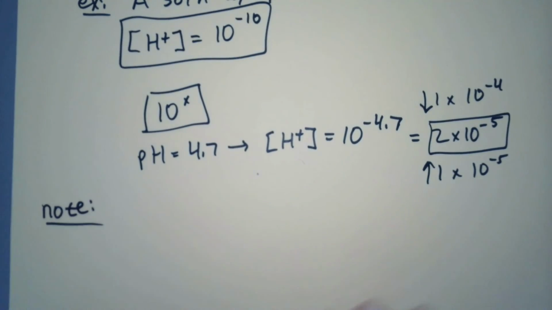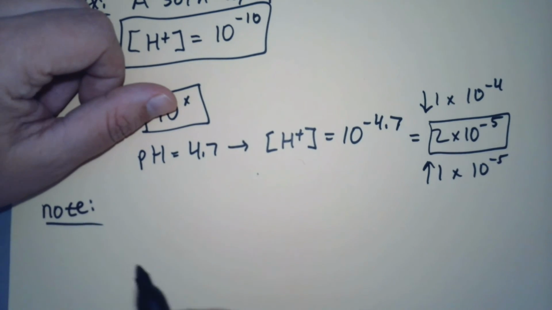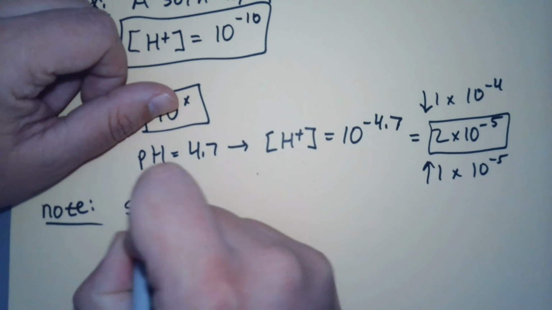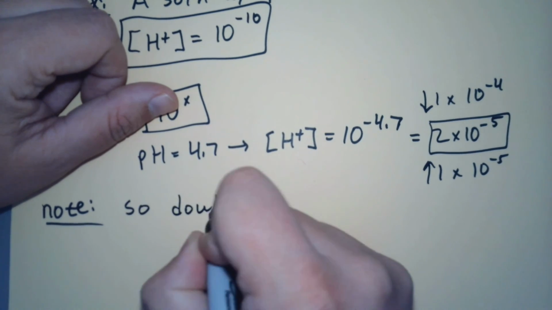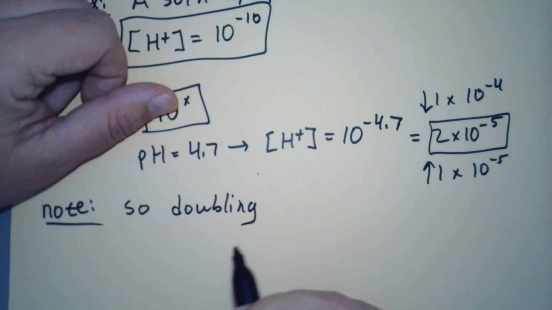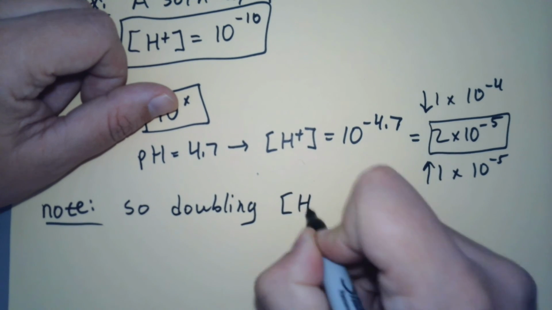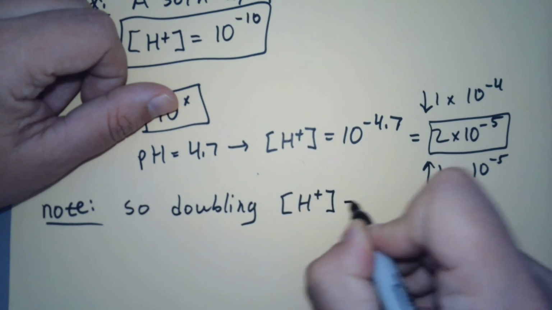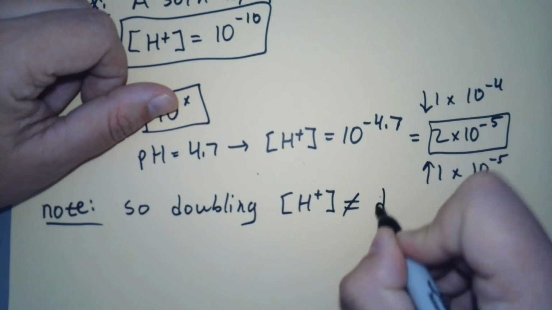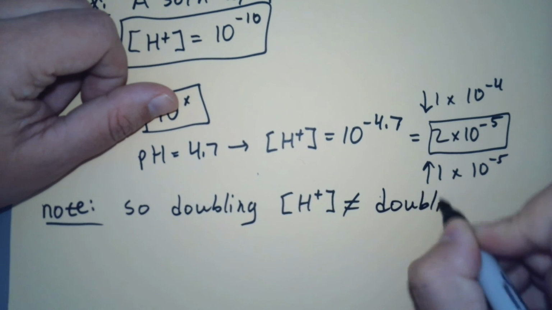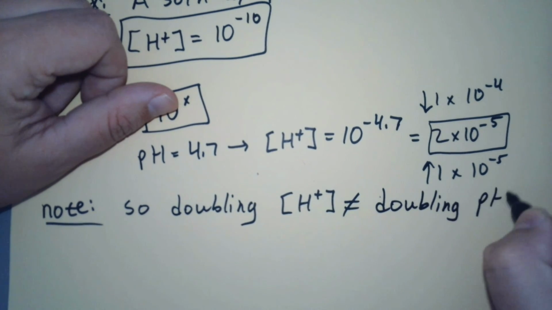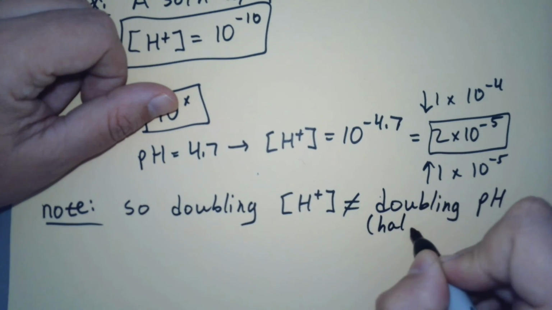It's a logarithmic, exponential scale. So doubling our H plus concentration is not going to be doubling pH or even halving it.